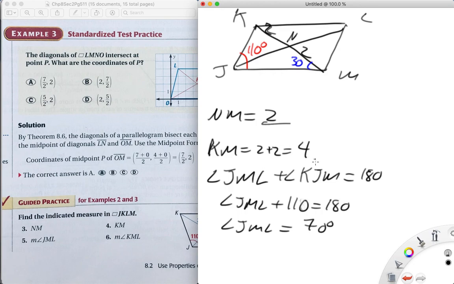Alright, so we have 2, we have 4, we have 70, and then KML. Since I know that this whole angle here is 70 degrees, and I know that this angle here is 30 degrees, then I subtract 70 minus 30, and that's going to give me KML, which is 40 degrees.